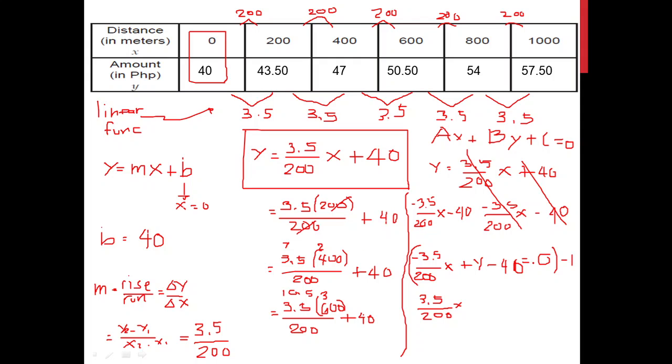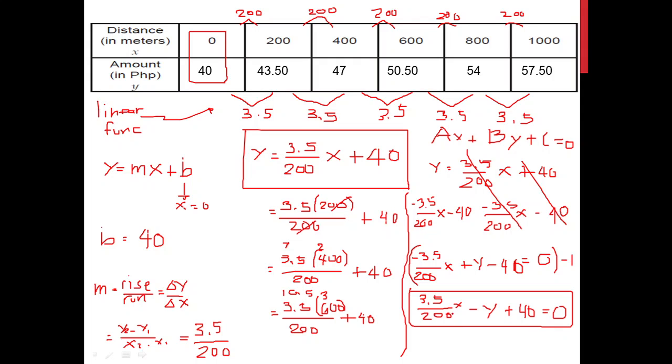Negative 1 times positive y gives you negative y. Negative 40 times negative 1 gives you positive 40. Equals 0. So this is the equation of our line in standard form.